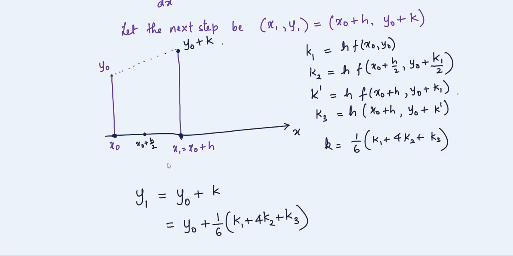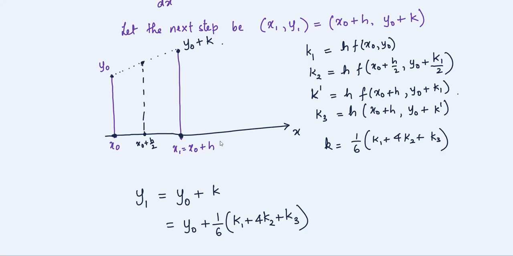You have divided it into subintervals, and what you have done is taken the average of slopes here, the average of slope here and average of slope here, and then done it.